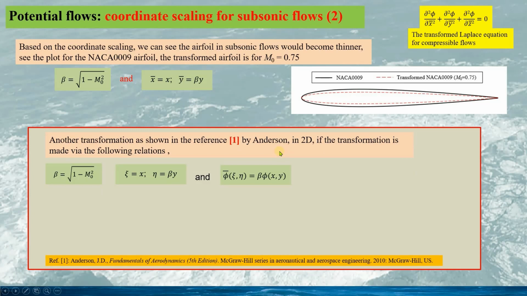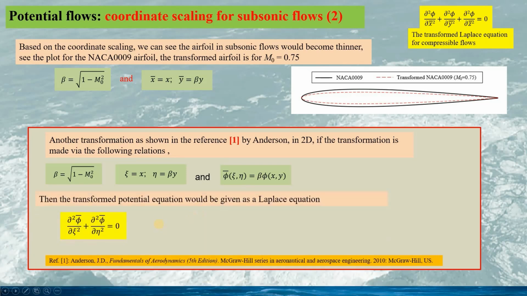In the textbook of Anderson, Fundamentals of Aerodynamics, the transformation is made for both the coordinates and the potential function, see this expression. In the 2D case, the transformed potential equation would be given as the Laplace equation, as this.